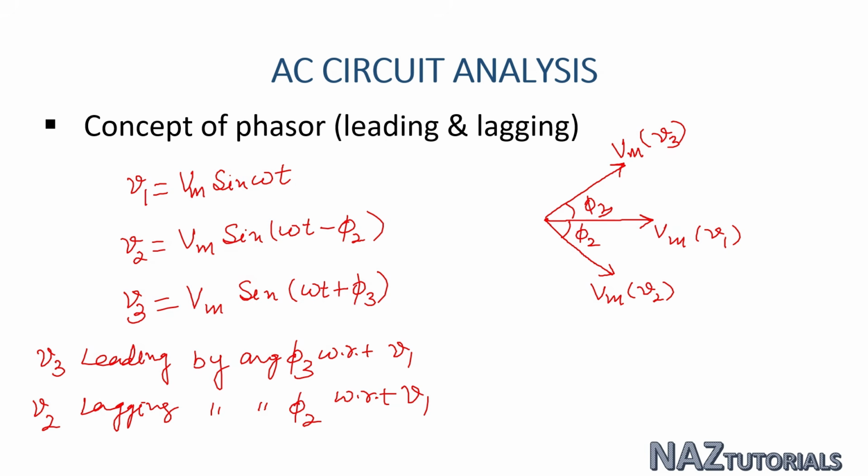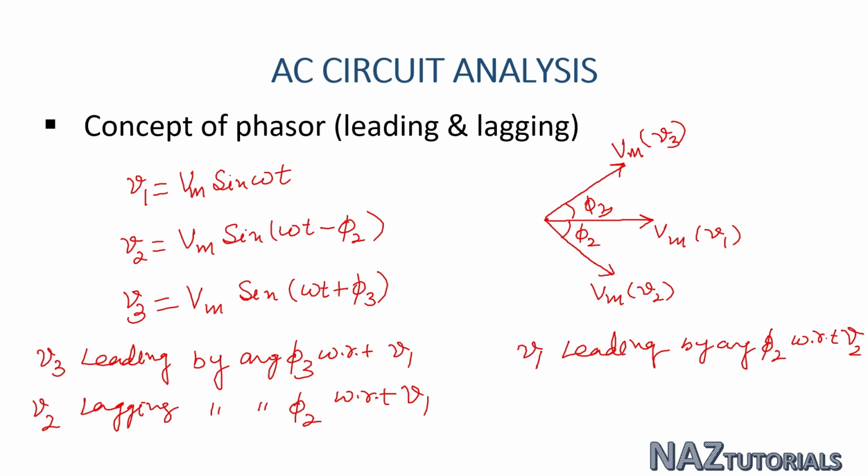If you take the V2 waveform as a reference, then we can analyze the waveforms V1 and V3. If you analyze the V1 waveform with respect to V2, V1 is ahead. So you can say the waveform V1 is leading by angle phi 2 with respect to V2.